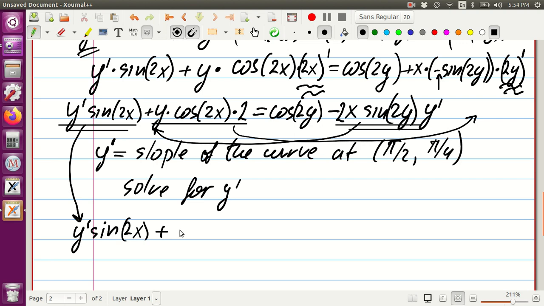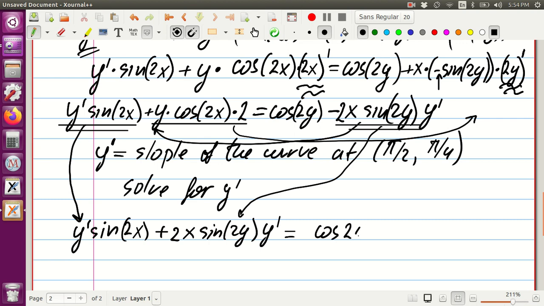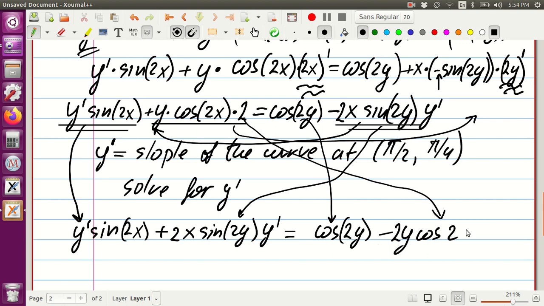Then we have plus 2x sine of 2y y prime, which comes from here. And then on the right side we have cosine of 2y, which comes from here. And we have this term which comes over here but with a minus sign. Let's write it, minus y cosine, and maybe move the 2 up front, so 2y cosine of 2x.